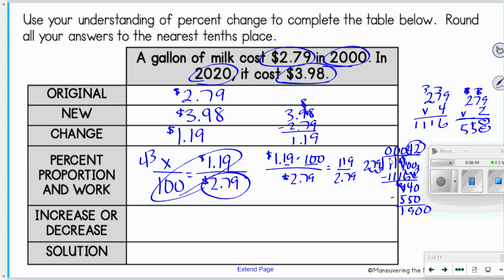So now the next one, was this an increase or a decrease? Increase. Increase, the price went up. So now that I have all the pieces, I can put it all together for my solution. The price was a 43% increase.